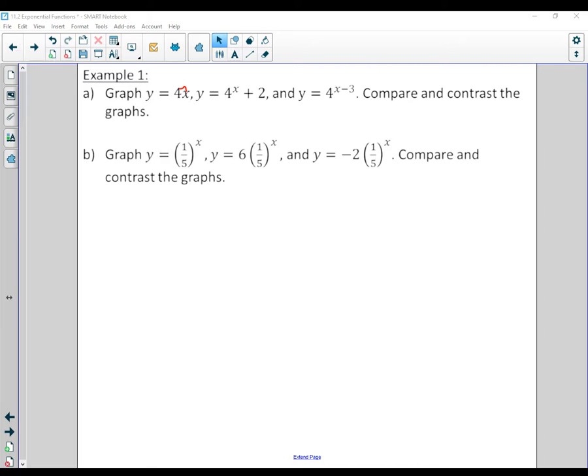And then we had 4 to the x minus 3, but that's in the exponent. What happens when I add minus 3 to this exponent? What happens when x equals 3 if I put minus 3 there?